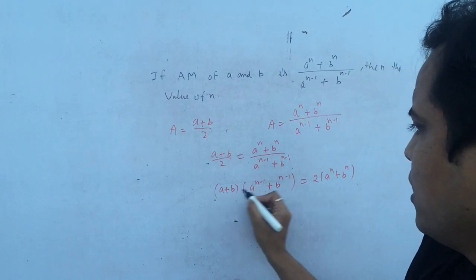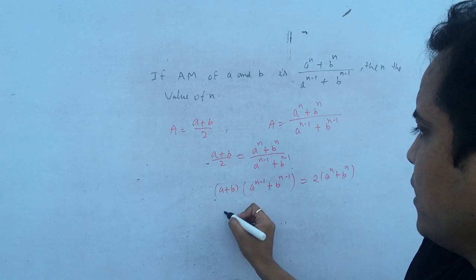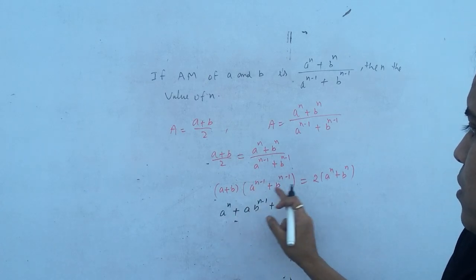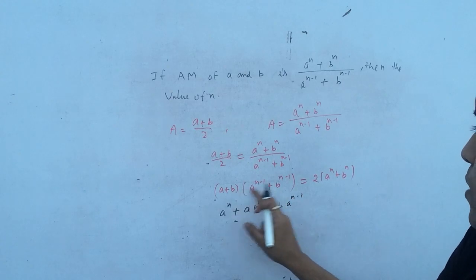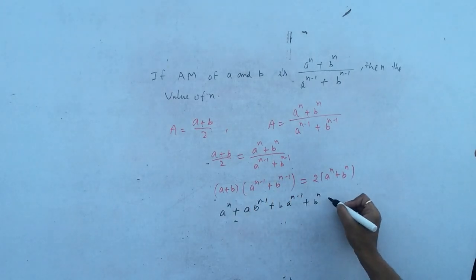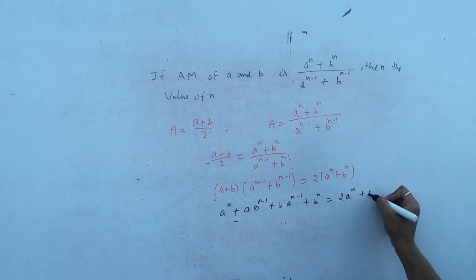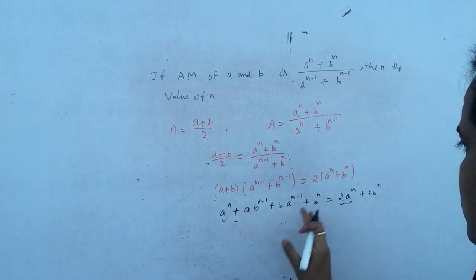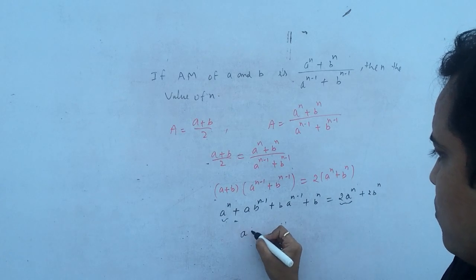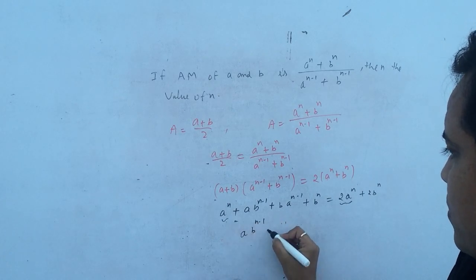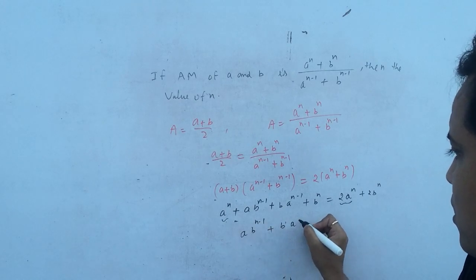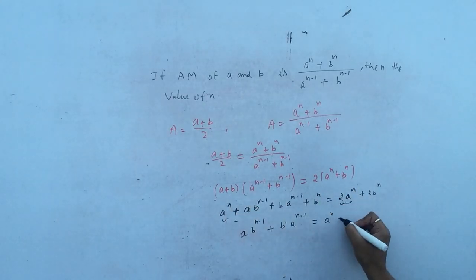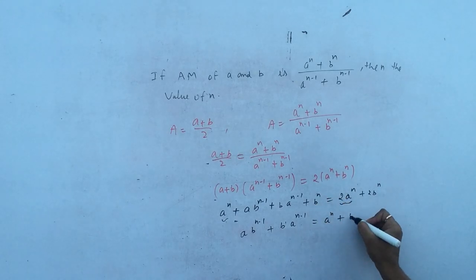Multiply out: a raised to power n, a times b raised to power n minus 1, plus b times a raised to power n minus 1, plus b raised to power n, equal to 2a raised to power n plus 2b raised to power n. Transpose the like terms: a b raised to power n minus 1 plus b a raised to power n minus 1 equals 2a raised to power n minus a raised to power n, plus 2b raised to power n minus b raised to power n.